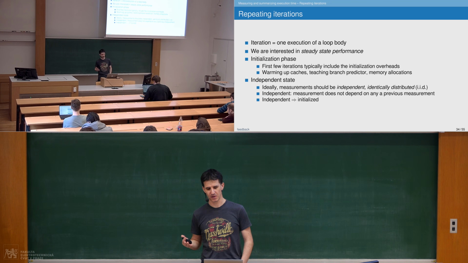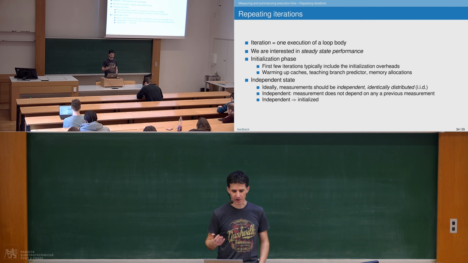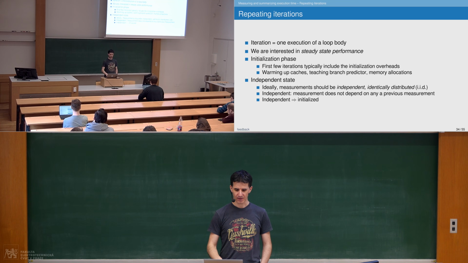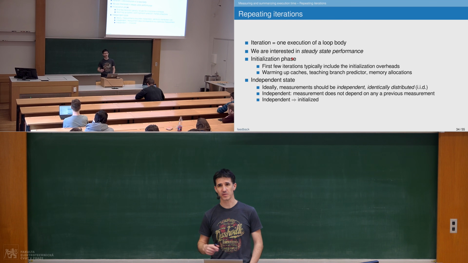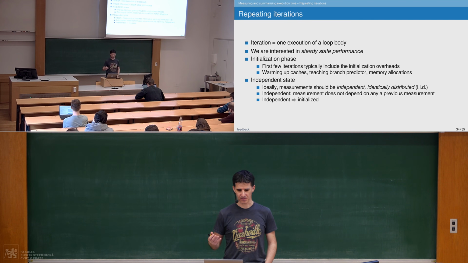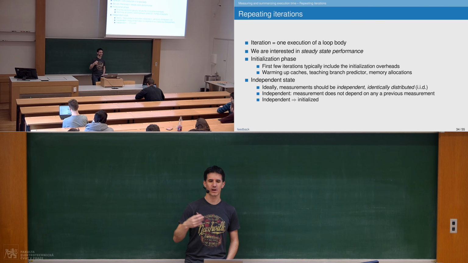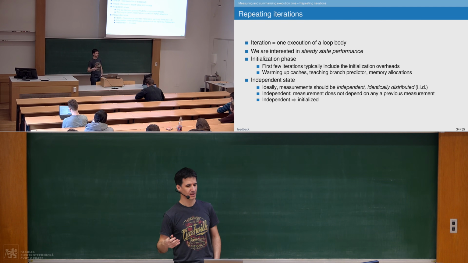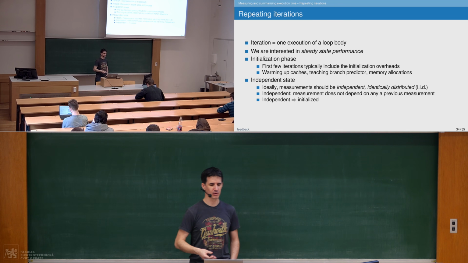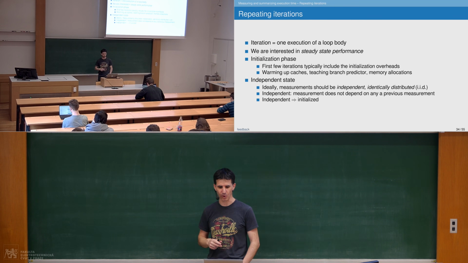Whenever we measure these values, we are interested in ignoring the so-called initialization phase, because typically at the beginning of every measurement the numbers are higher than later. This relates to caching. When you run your program for the first time, the data or instructions are not in the cache, so the first 1, 2, 3 iterations are typically slower.